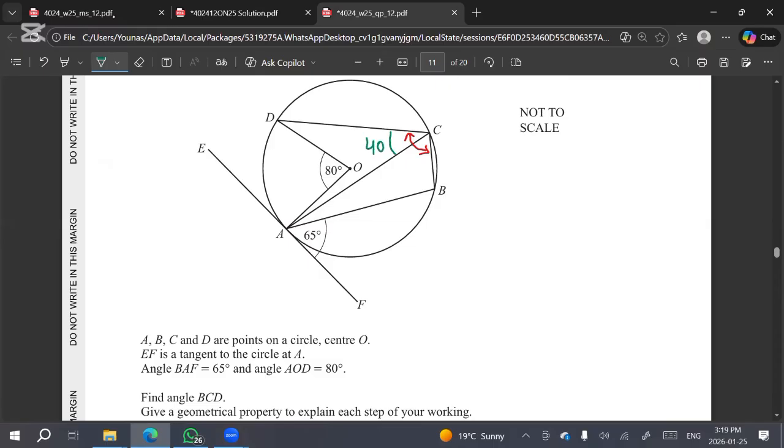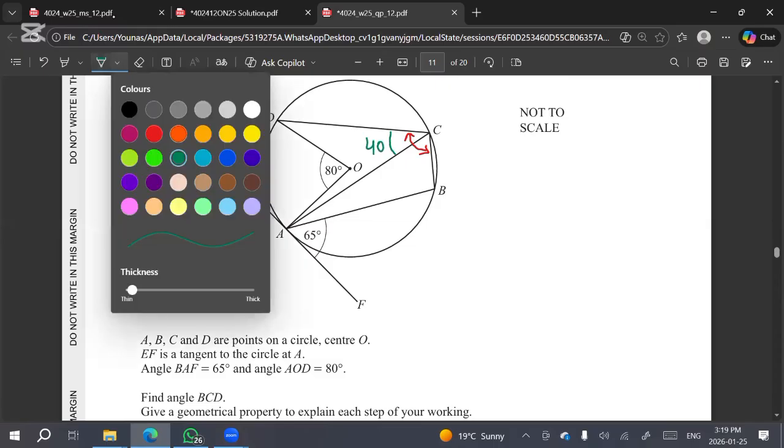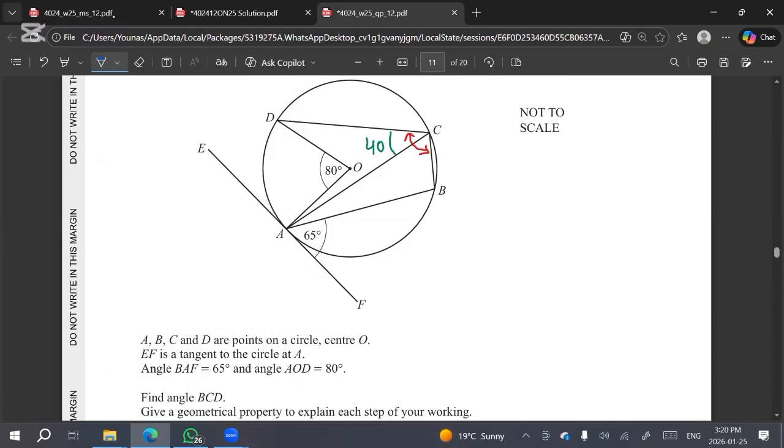Another very important thing, let me use blue color. If you look at this triangle, it's a famous one. One vertex of this triangle is on the point of tangency.